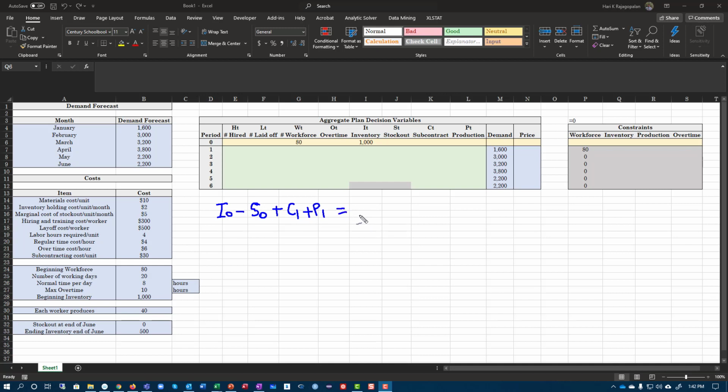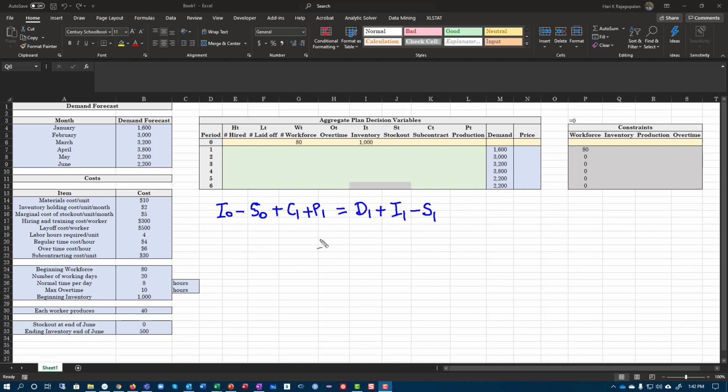That's equal to your demand plus ending inventory minus ending stock out, right? So here's all the stuff coming into the system, and here's all the stuff going out of the system.